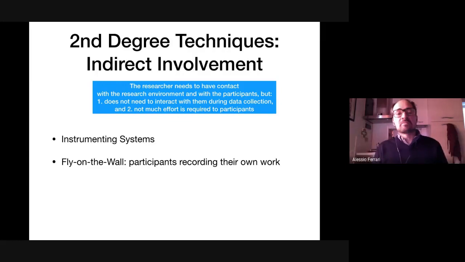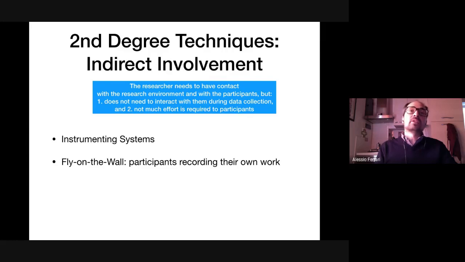This name basically doesn't tell you so much, but they consist of people recording their own work. Okay. In this case, not much effort is required from the participant, and you don't need to interact with them during data collection. So this is also a good thing, because you don't have to be present and bias the data collection with your presence.